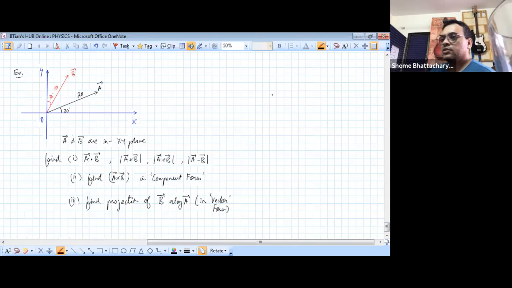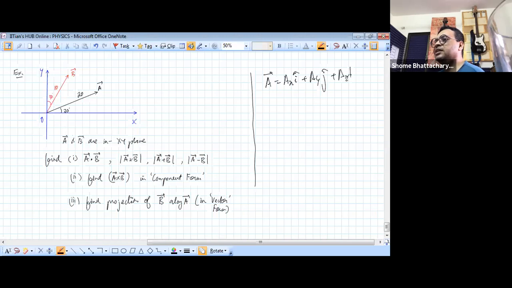And while you are solving this, Rusba and Anay, to answer your doubt, for any vector given, how to find the angle with respect to the xyz axis. So if a vector is given like this, Ax i cap plus Ay j cap plus Az k cap, a three-dimensional vector, then we use direction cosines.